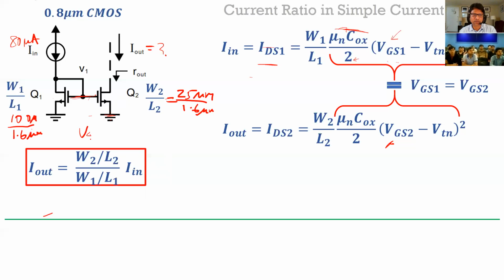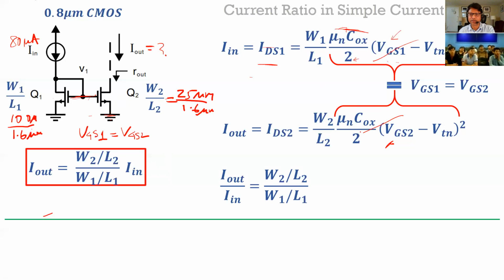So VGS1 has to be equal to VGS2. So if you take the ratio of I out over I in, these terms will cancel, and all you'll be left with is the two sizes, that's all.